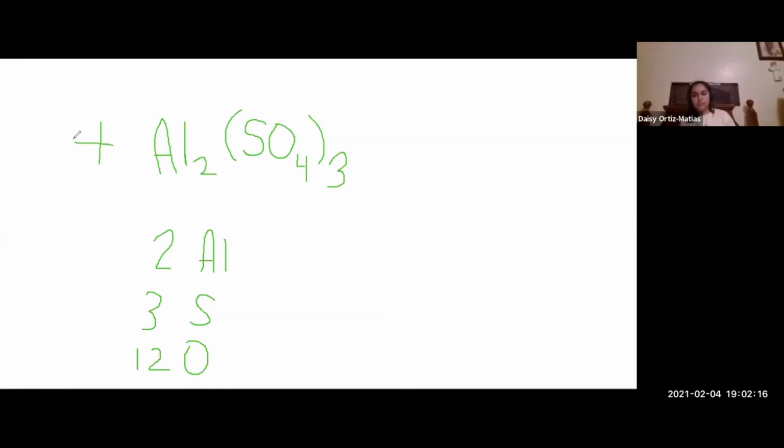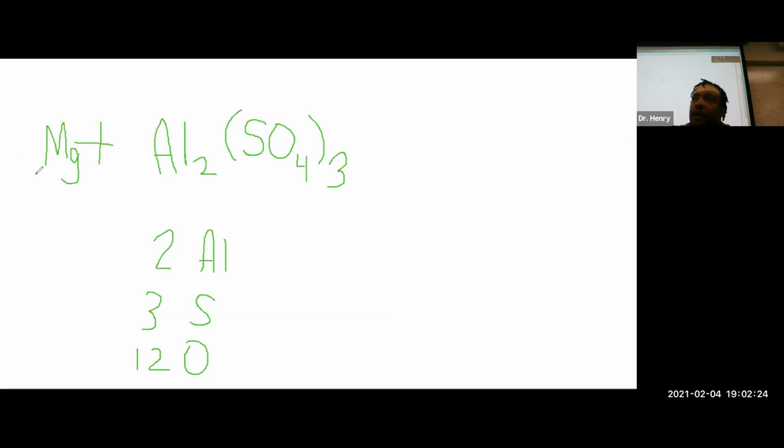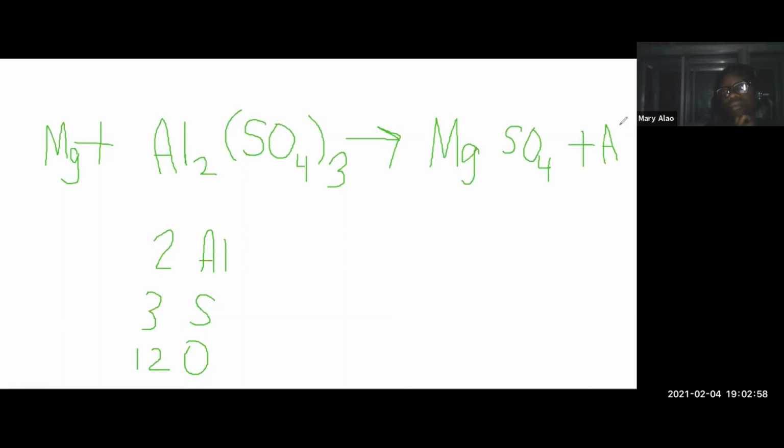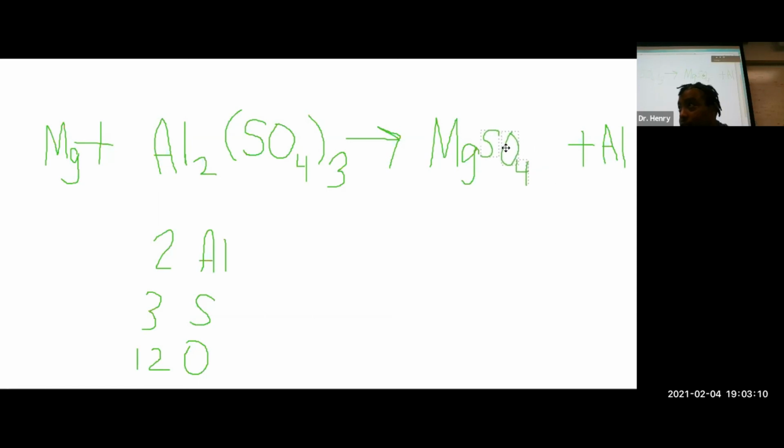So if I'm doing this chemical reaction, Mg plus Al2 yields Mg SO4. Let me fix this up so it looks together.